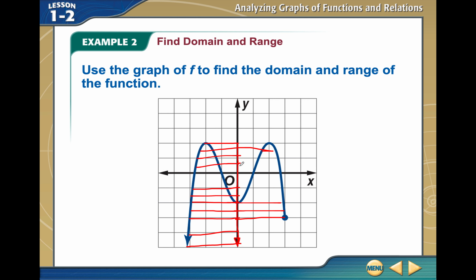So you see, now my red line on the y-axis is this, from negative infinity to plus 2. So my range is negative infinity to plus 2. So it is negative infinity and everything in between until we reach the point number 2, with a closed square bracket because 2 is included.